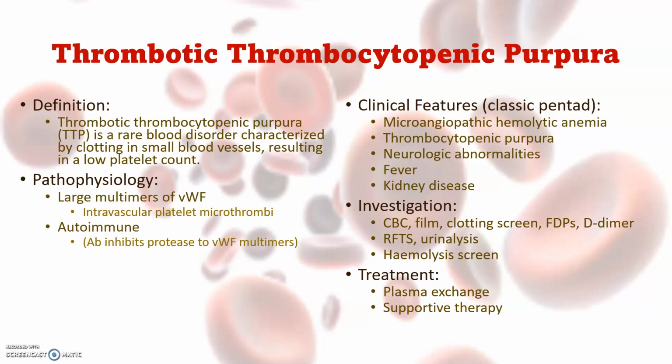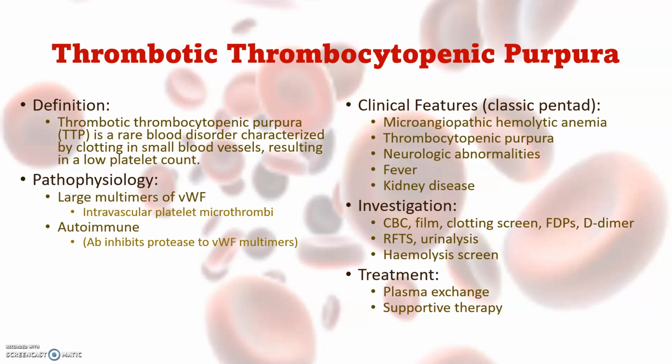Investigations include blood count, clotting screen, FDPs, D-dimer, RFTs, urinalysis, and hemolysis screen. It's important to note that this battery of tests helps to differentiate HUS, TTP, and DIC. So in TTP, the patients usually have a fairly normal renal function and normal to high normal levels of FDPs and D-dimers.